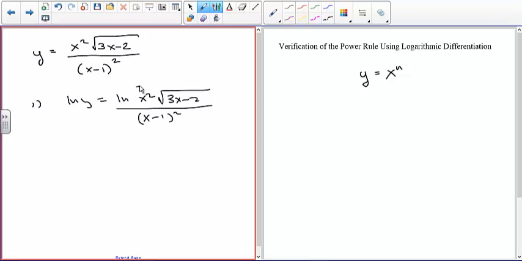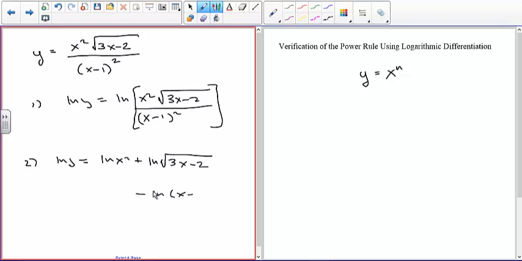And this natural log applies to the whole thing here. So I shouldn't have that extra little bit hanging out here. Step 2 is to use the properties of logarithms on the right-hand side. So what I can do is you end up with the natural log of x squared plus the natural log of the square root of 3x minus 2 minus the natural log of x minus 1 squared.